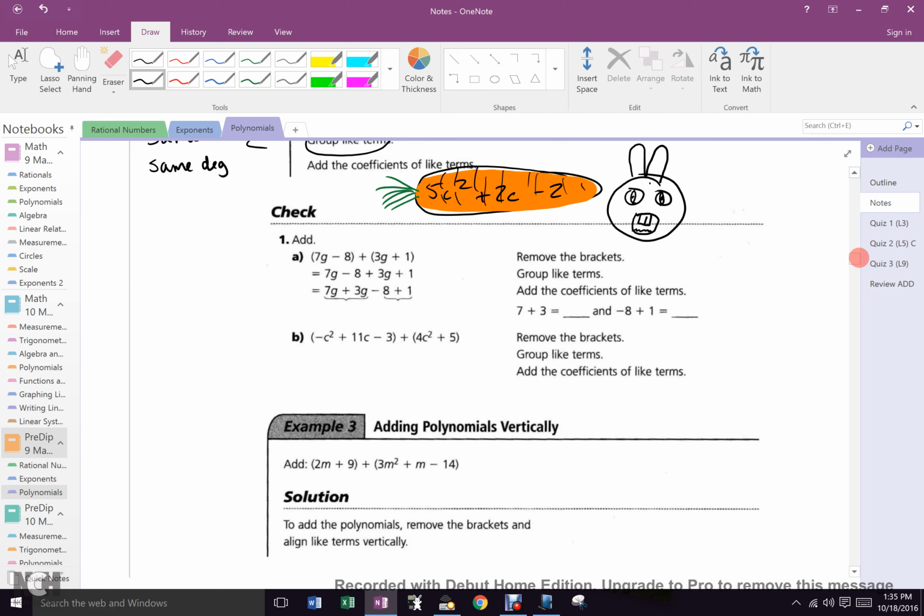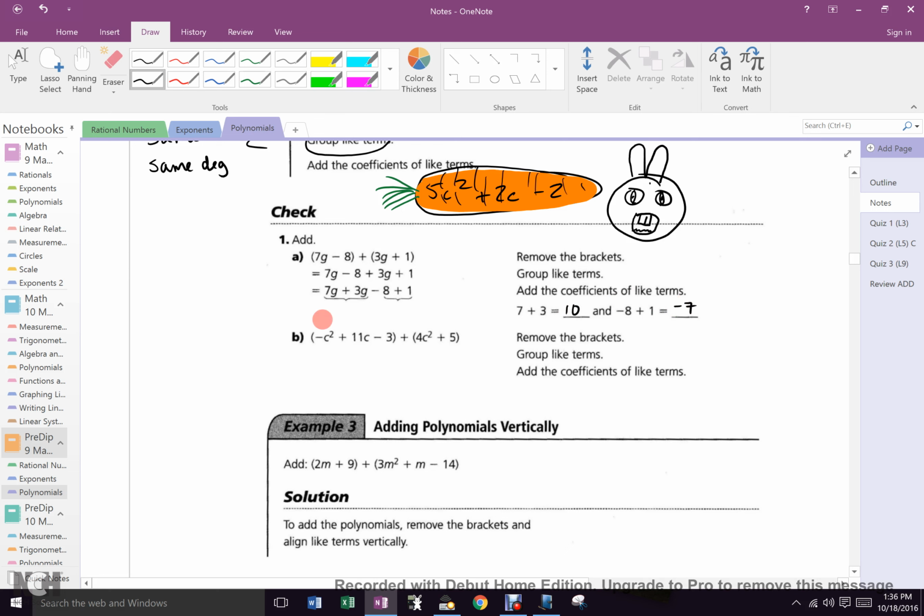Remember when you asked us that question? Why is it not a polynomial when it's 6 over the polynomial? Because it has a variable in the denominator. Good. All right. So this is done. 7 plus 3 is 10. Negative 8 plus 1 is negative 7.